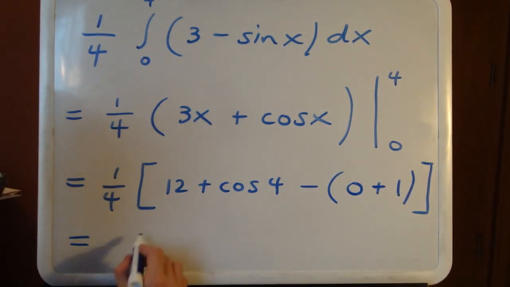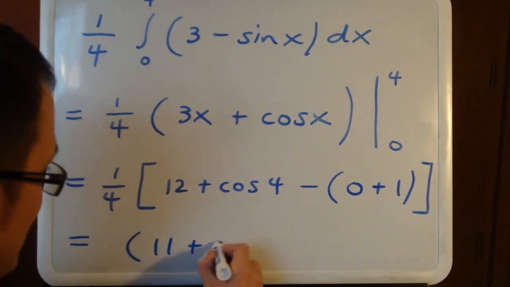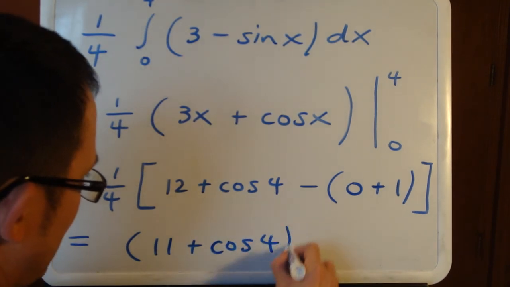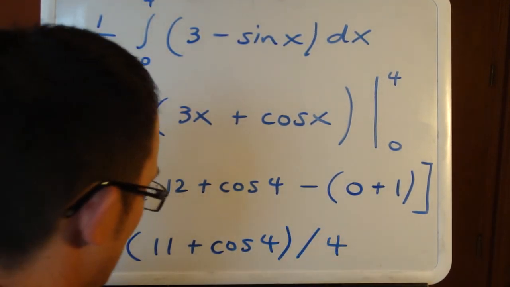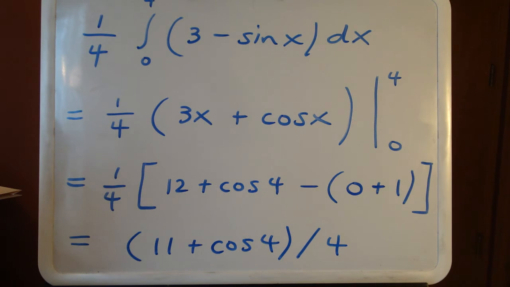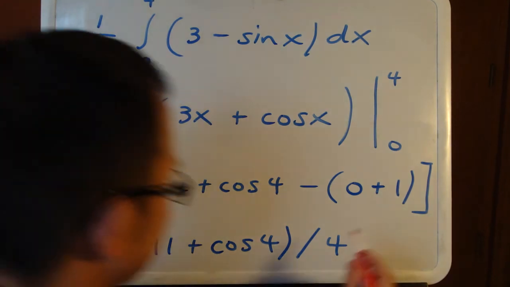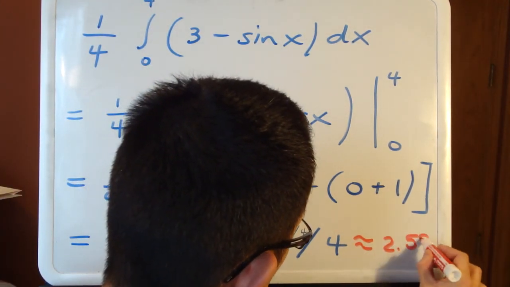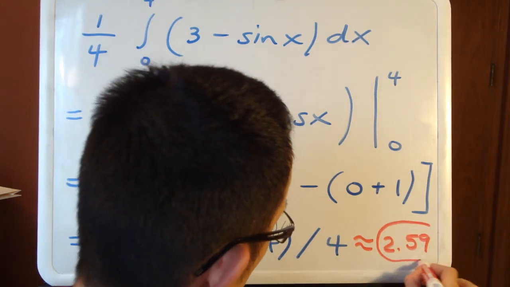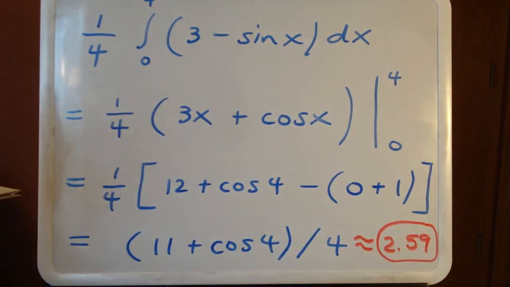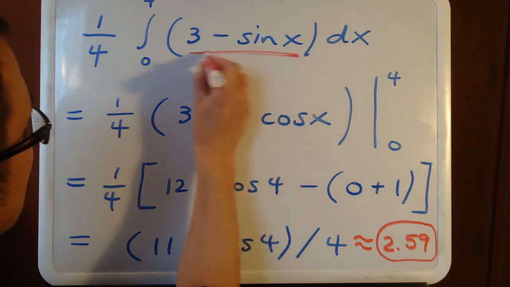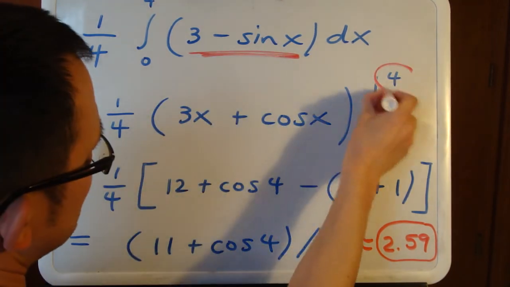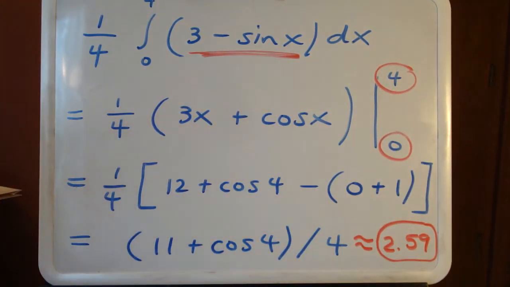So what we're getting here is 11 plus the cosine of 4. And then we have to divide that answer by 4. At this point you can go on a calculator just to determine what this value is. It's around 2.6, so 2.59. That is the average value of this function, 3 minus the sine of x, if you stay on this window from 0 to 4.